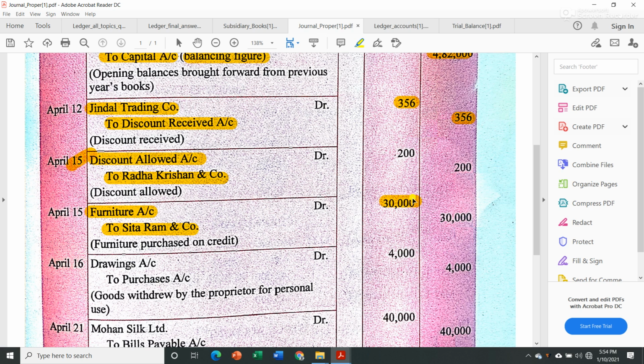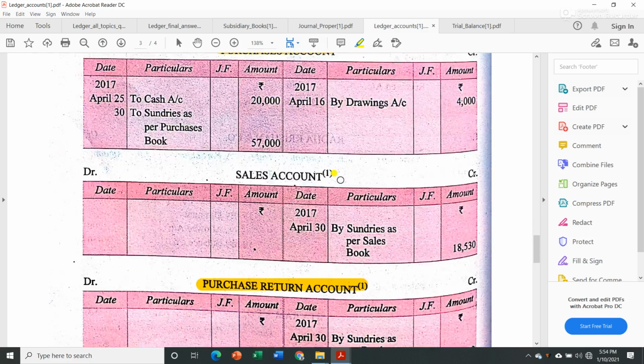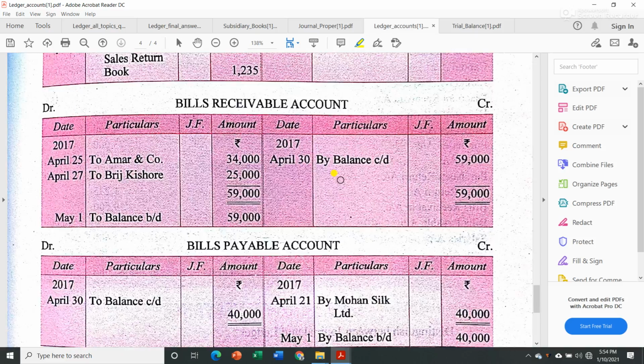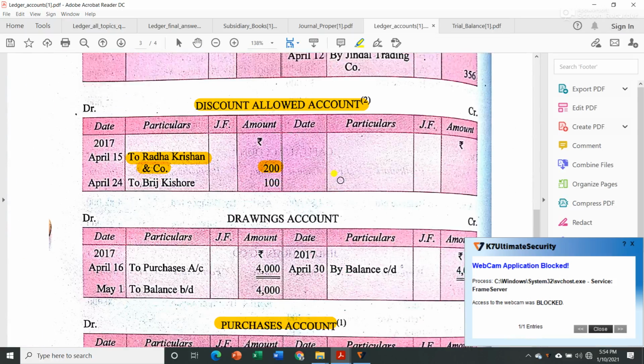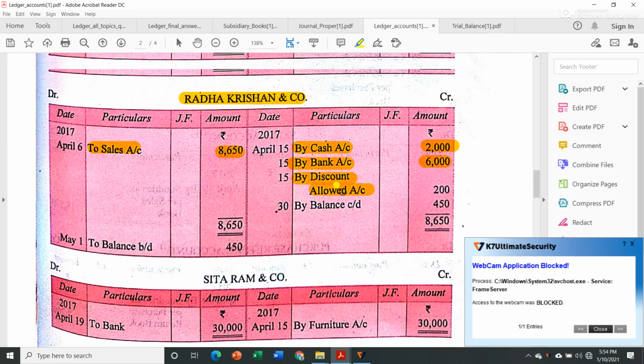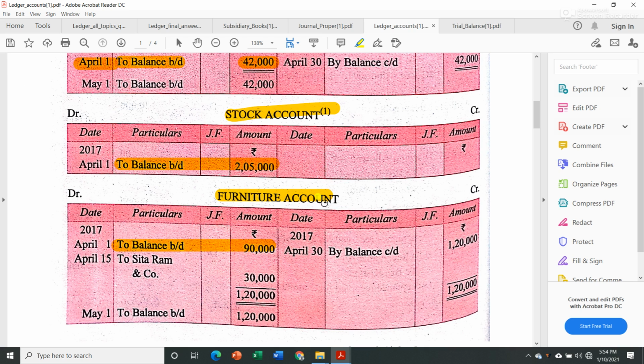Now let us post into the ledgers. First we will see furniture account. Since we haven't prepared furniture account, now we will prepare one. Where is furniture account? Let us see. Here, furniture account.